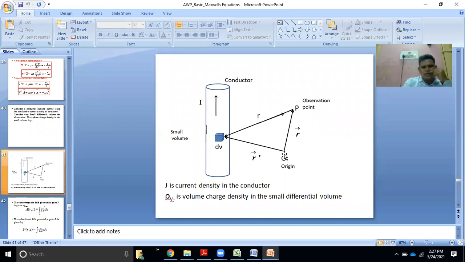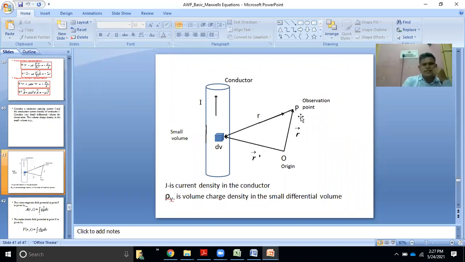Let us say in a spherical coordinate system, this is the origin, and this is the unit vector in this direction and this is the unit vector in this direction. Let us assume the distance between the observation point and the differential volume is small r.